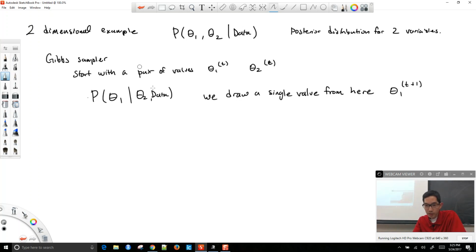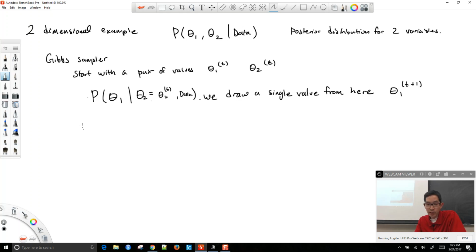So let me expand this. We condition on theta 1, given theta 2 equal to theta 2 at time t and the data. And we draw a single value from here.